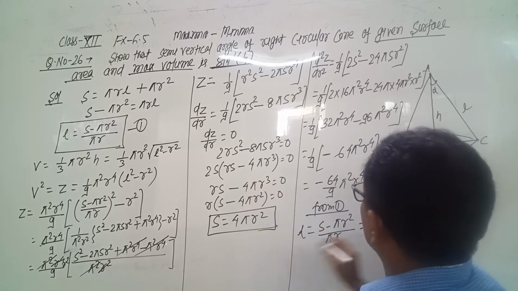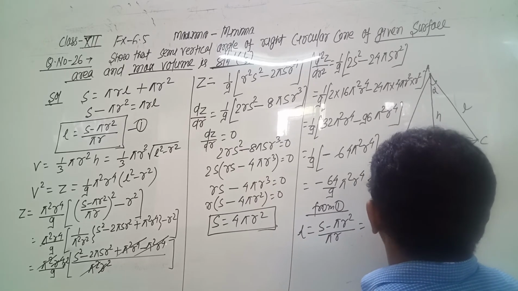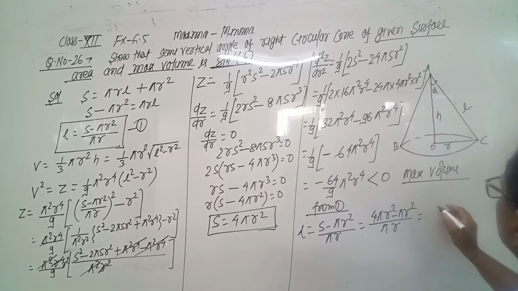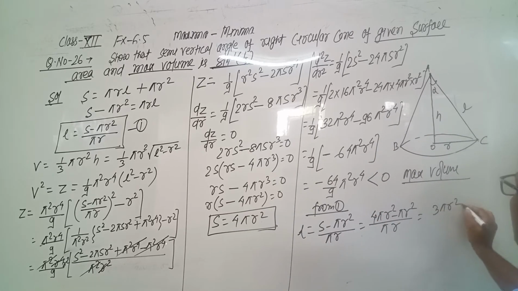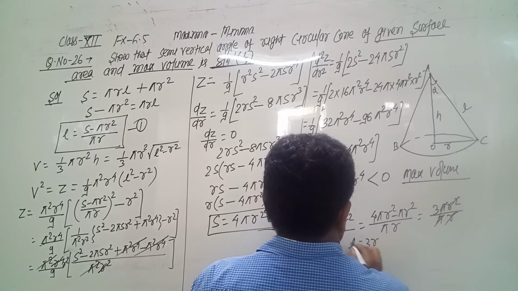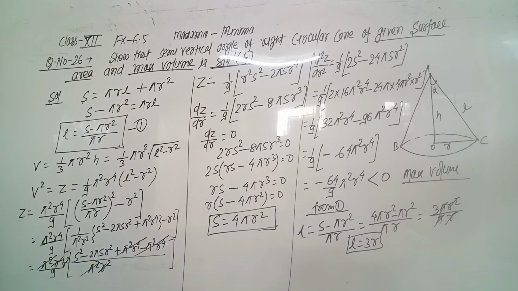Put the value of S. So 4 pi r² minus pi r² upon pi r. It comes 3 pi r² upon pi r. Pi cancels, r cancels. So L equals 3r.